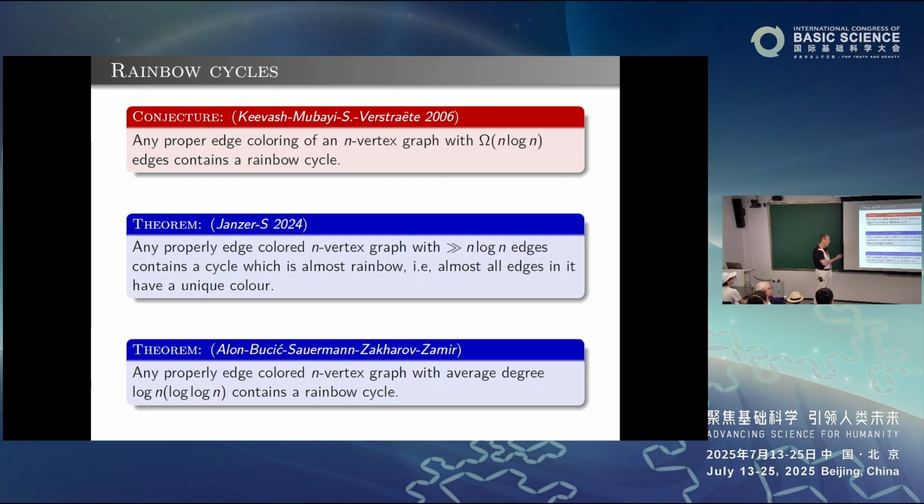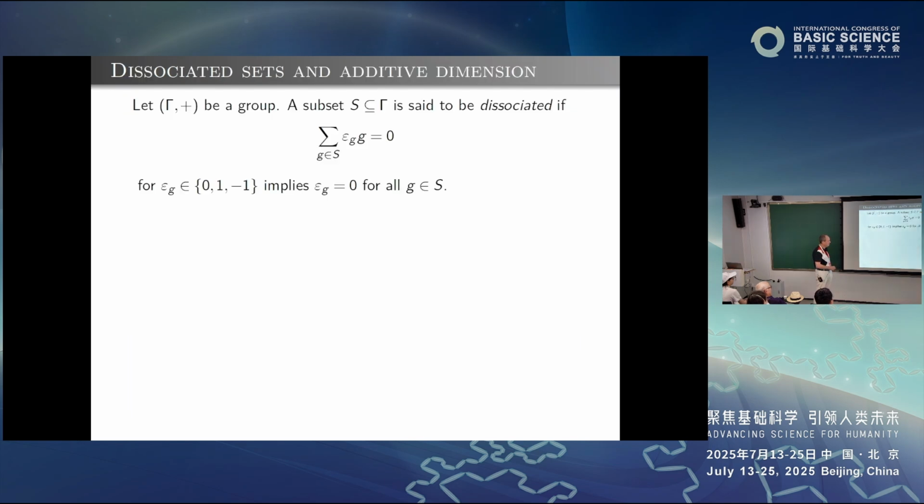Okay, now let me digress and tell you why this might be interesting in other areas. To do this, I need the notion of dissociated sets. You have a group, you have a bunch of elements, and I tell you that there is no non-trivial combination of these elements with signs plus or minus 1 which equals 0.